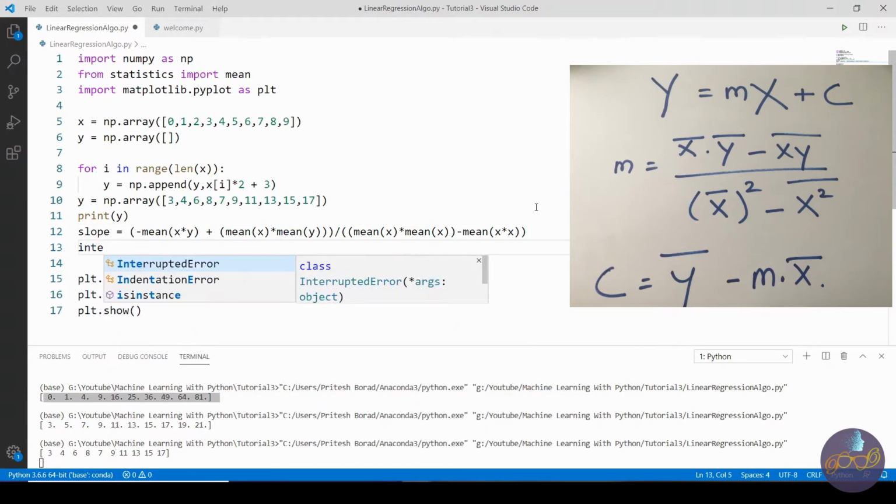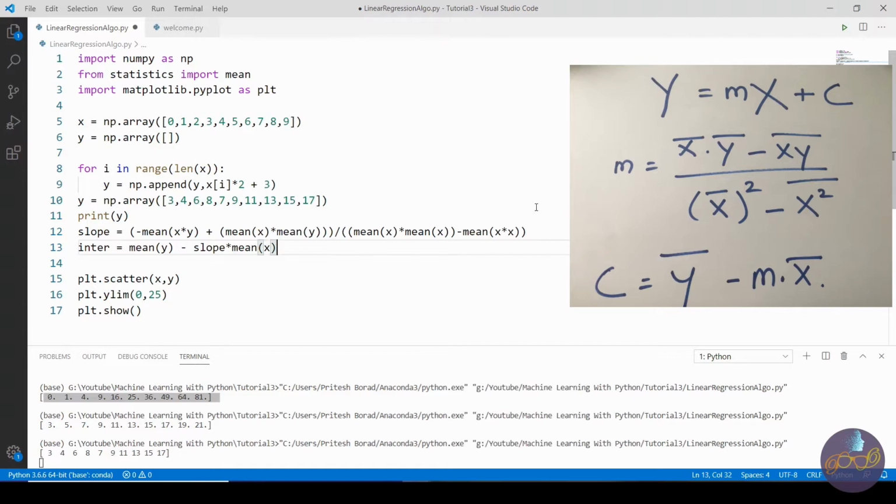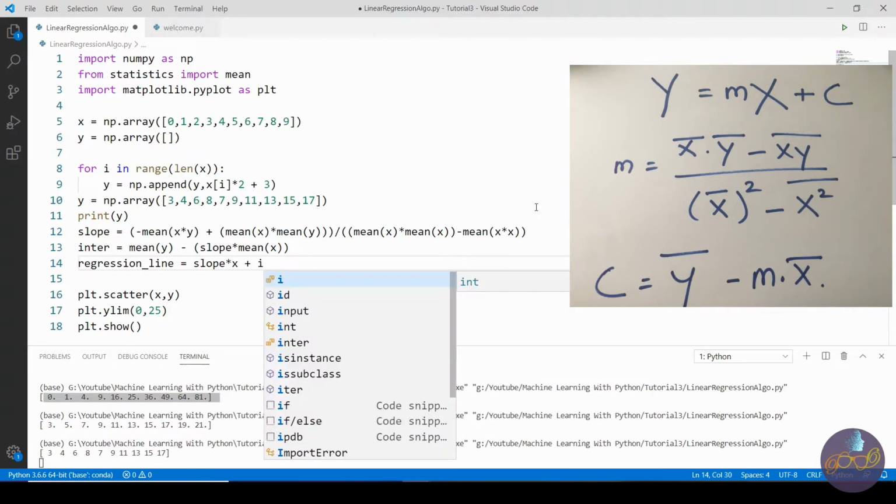And intercept is equal to mean y minus slope into mean x. Let's keep it in round bracket too. And finally, our regression line is mx, meaning slope, into x plus c, which is the intercept.